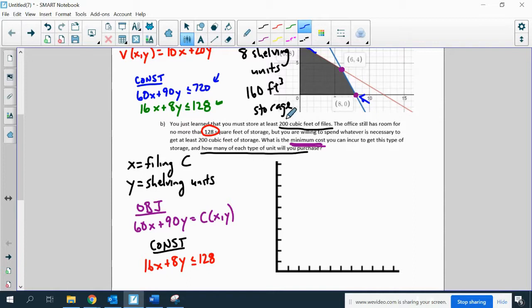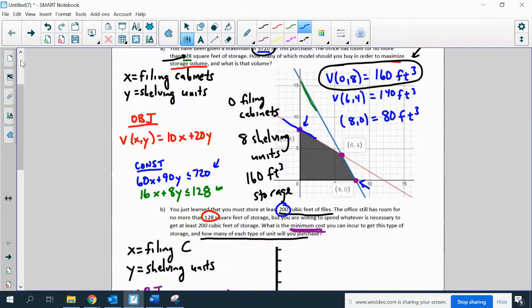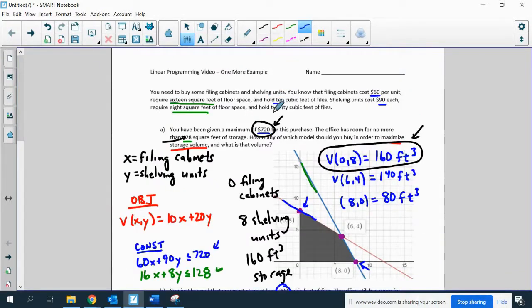And then our new constraint is that we have to have greater than or equal to 200 cubic feet. So 10x plus 20y must be greater than or equal to 200. And remember, the 10 and the 20 came from up here with cubic feet of files.